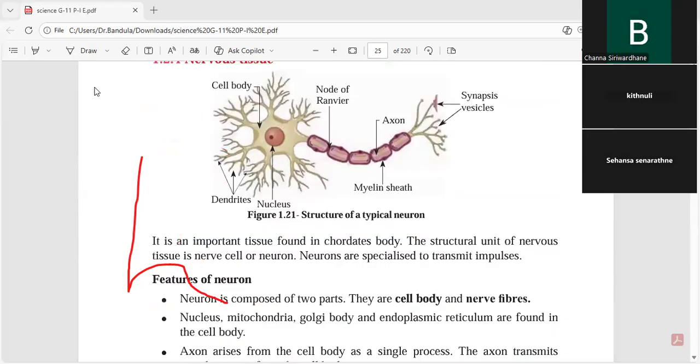Now, let's talk again about the eye, right? Now answer. The image is created on which part of the eye?